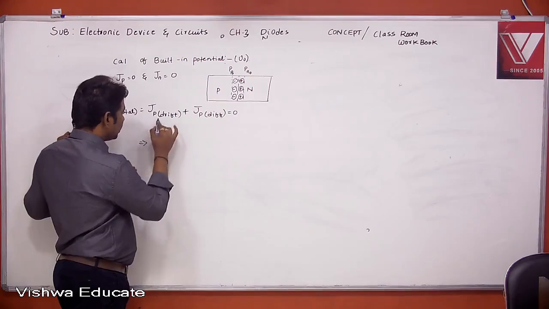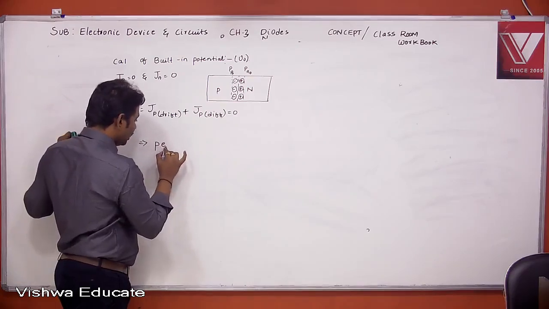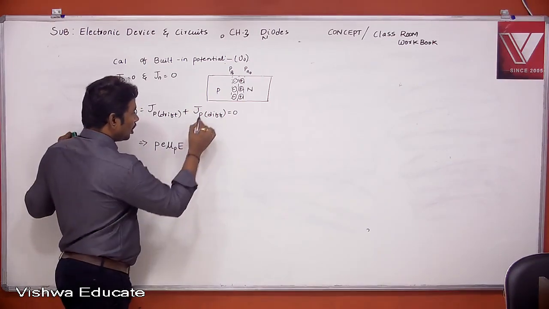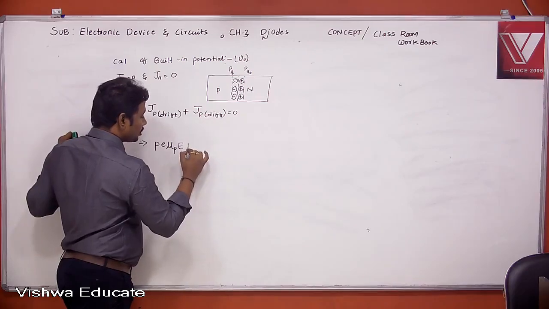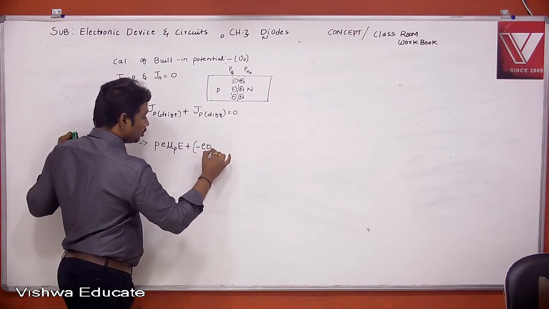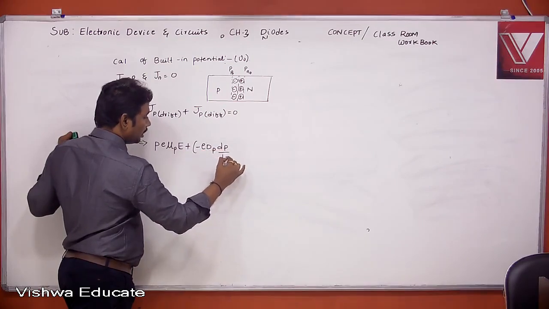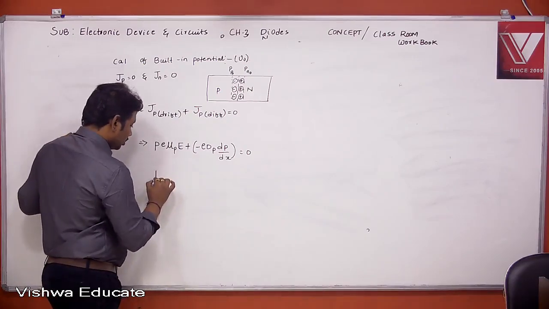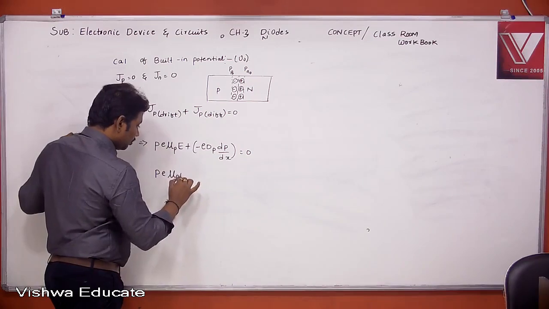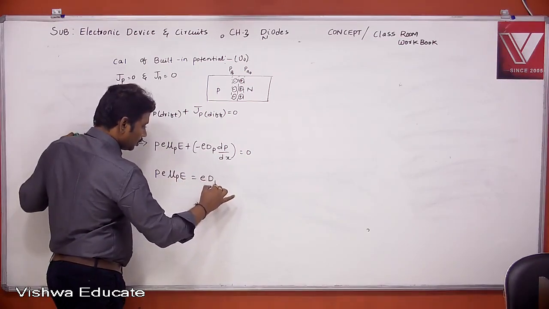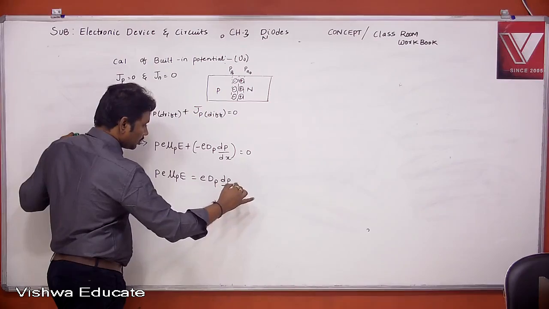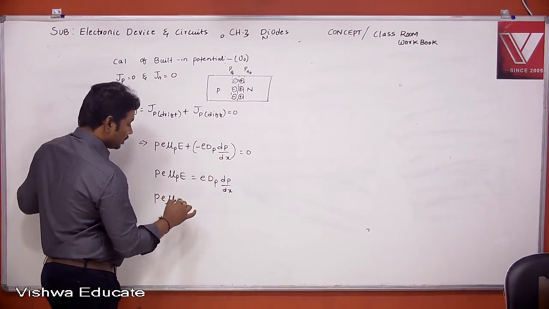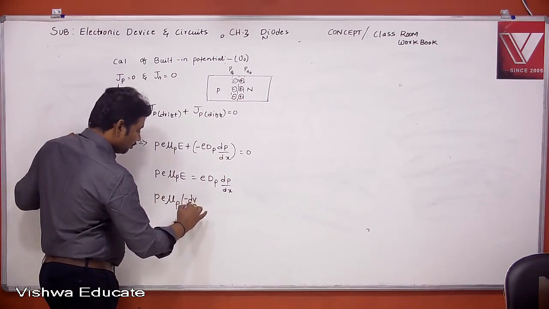What will be the Jp drift? Jp drift is nothing but p into e into mu p into E, right? And what is the Jp diffusion? Jp diffusion is nothing but minus e into Dp into dp by dx, which is equal to 0, right? Now from this, p into e into mu p into E equals e into Dp into dp by dx. What is the electric field in terms of potential? That is minus dV by dx.